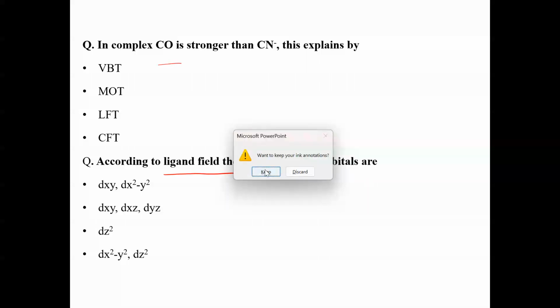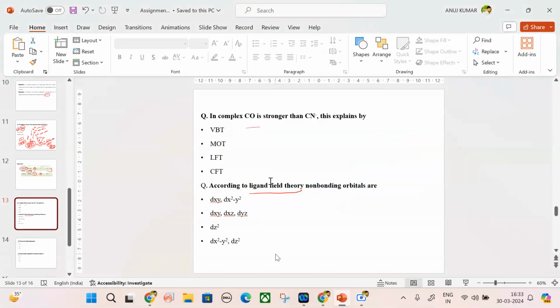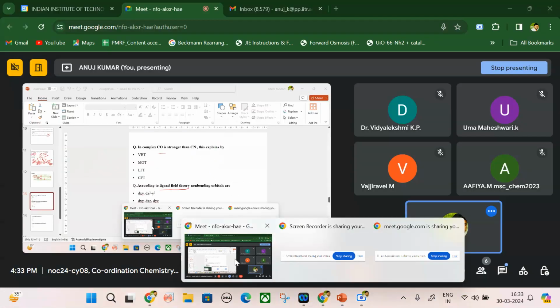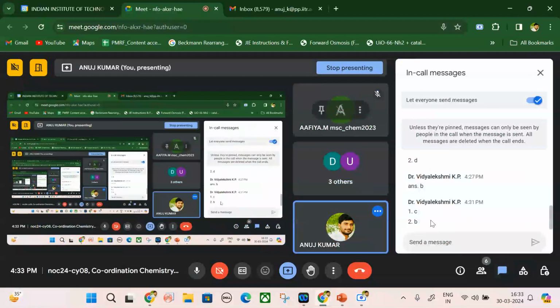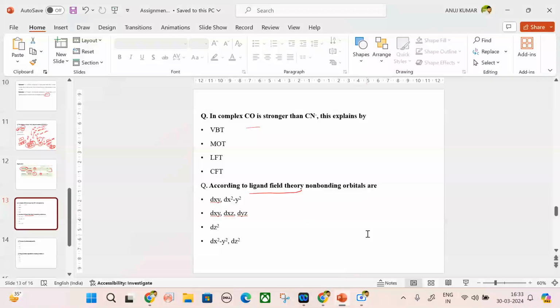So just type in the chat box which option is more appropriate for these two questions. Yeah, so first is C, second is B. Anybody else?